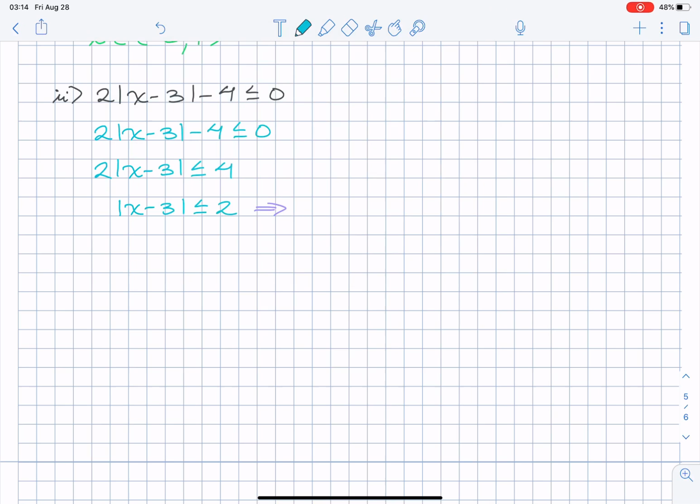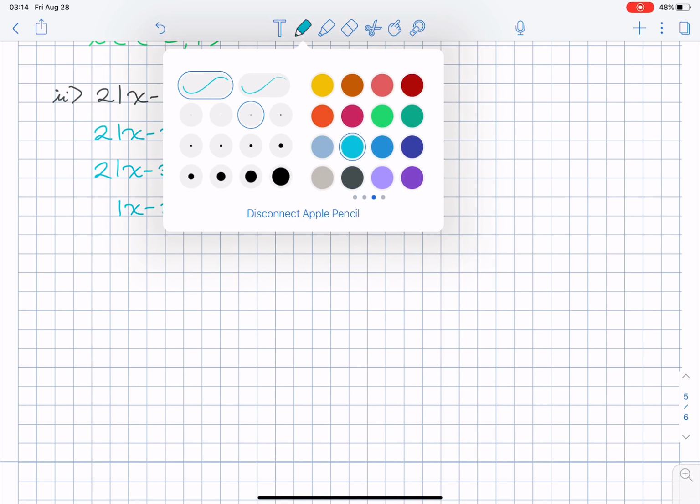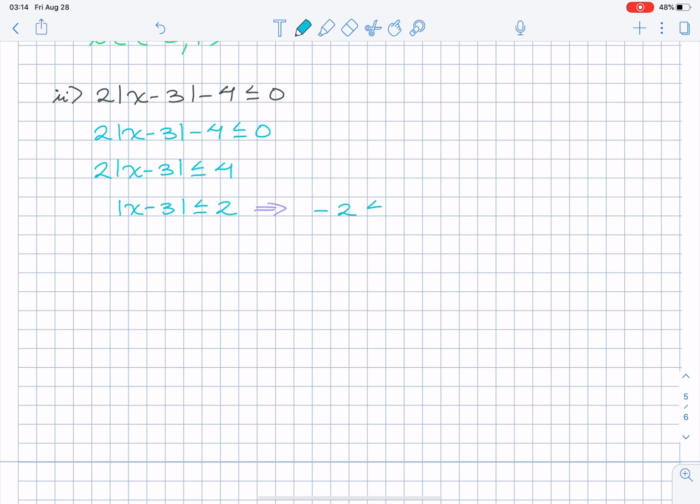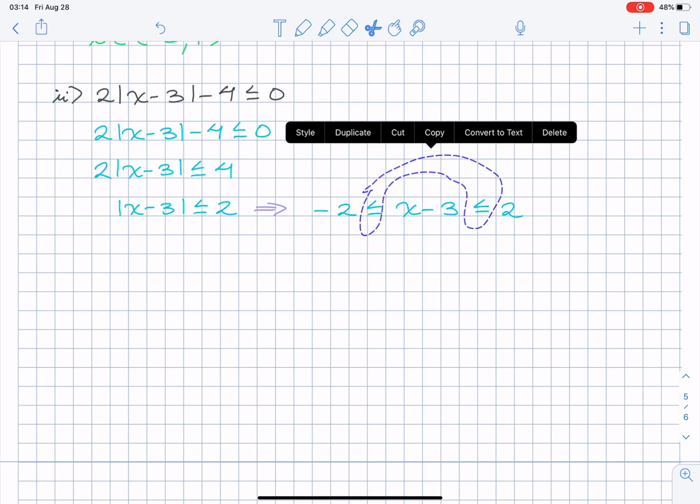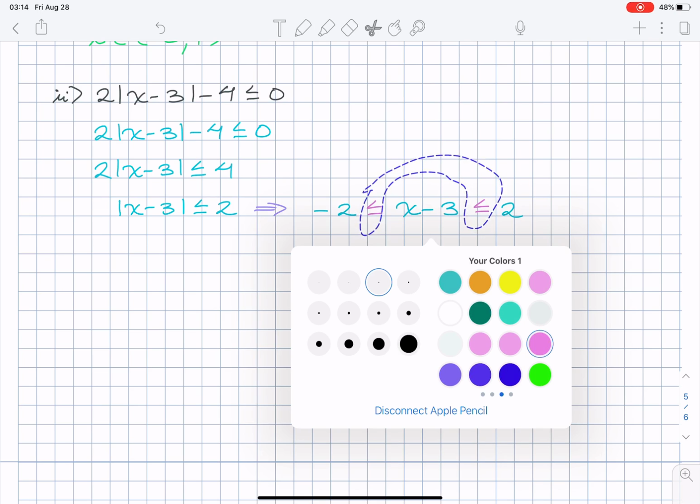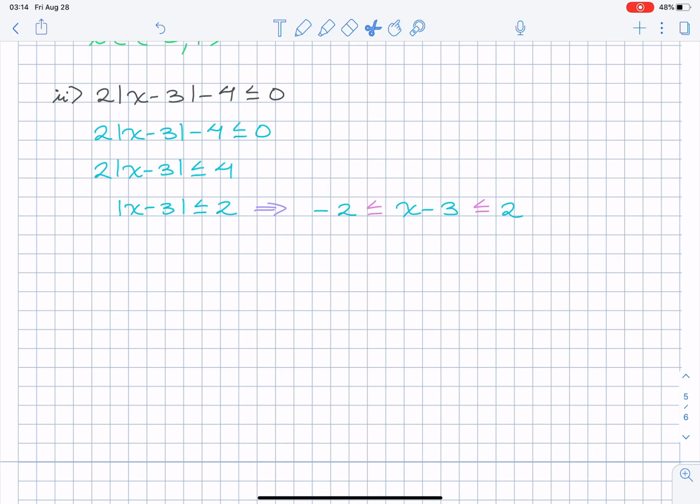We can put the negative of 2 on the left, keep the inequality the same, put what's inside the absolute value in the middle, keep the inequality the same, and put the positive 2 on the right. Actually, I think I'll change these colors just so that we can see them. It's easier to see that way.